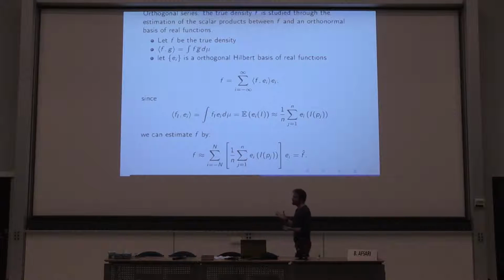And since the basis of functions is orthonormal, the scalar products are the coefficients of the decomposition in this basis, so it's possible to estimate the density f by reconstruction using the estimated scalar products. With the appropriate choice of orthonormal basis, this method is equivalent to kernel density estimation.